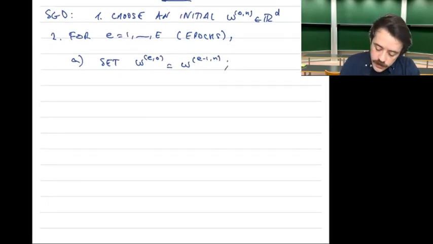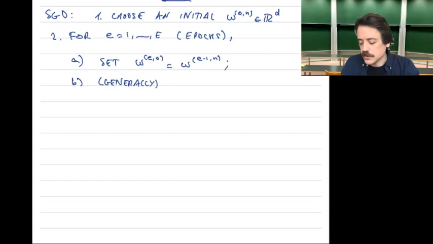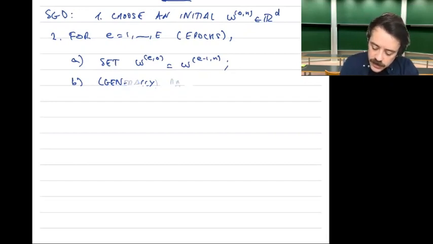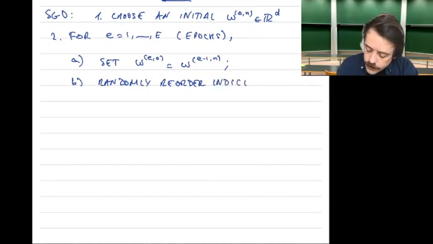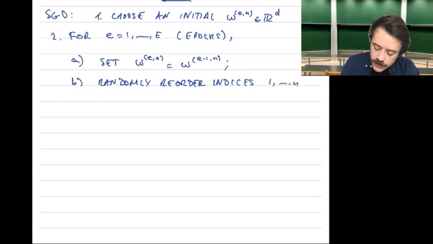Then B: this is nearly always done, with only absolute exceptions in which we may not want to do the following. So randomly reorder the indices 1 to n.